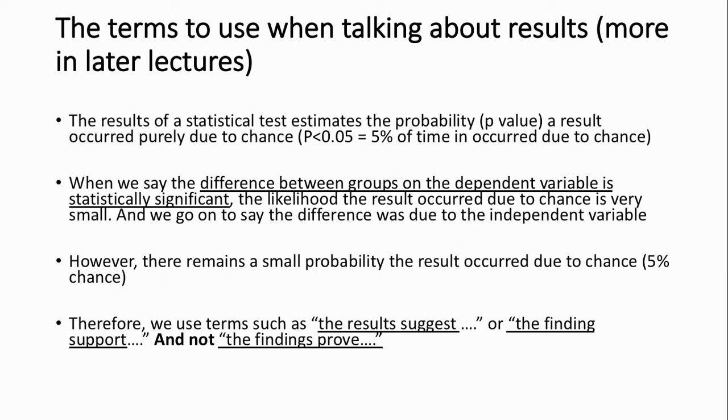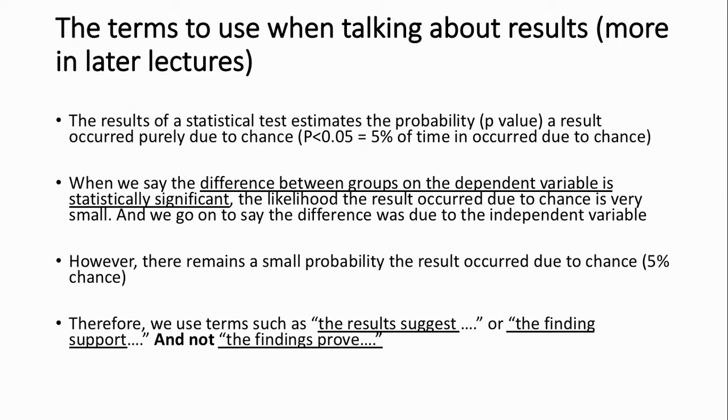We're willing to take that risk that 5% of the time it's due to chance, not due to what we did. When we say the difference between groups on the dependent variable is statistically significant, the likelihood of that result occurring due to chance is very small. So we go on to say that the difference was in fact due to the independent variable.